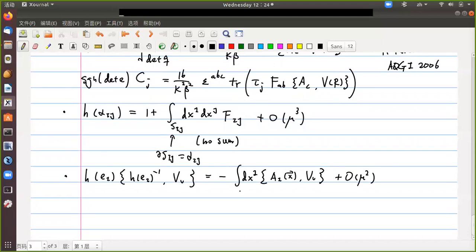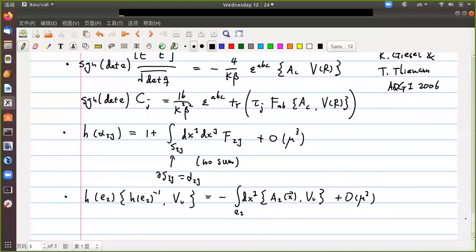The leading order of this formula is first order in mu, because this is integrated along a line. And in the above formula for the curvature, the leading order is mu squared, because this is a surface integral. Now again we use this discretization.